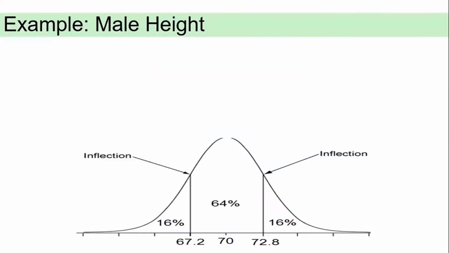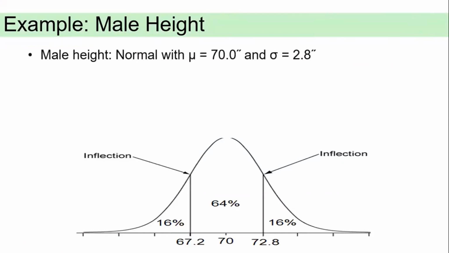Let's talk about male heights. For example, you have male heights that represent a normal distribution with a mean of 70 and a standard deviation of 2.8.